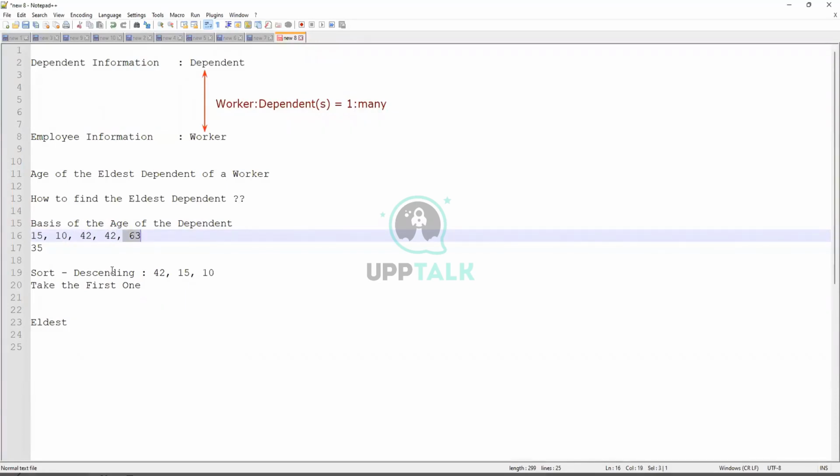Or maybe, let's remove the 63. Then we have to return both their names, because we are looking at the eldest one. So we have to return both. But then we have to find out, is there any other way of matching or maybe of having a tie break?